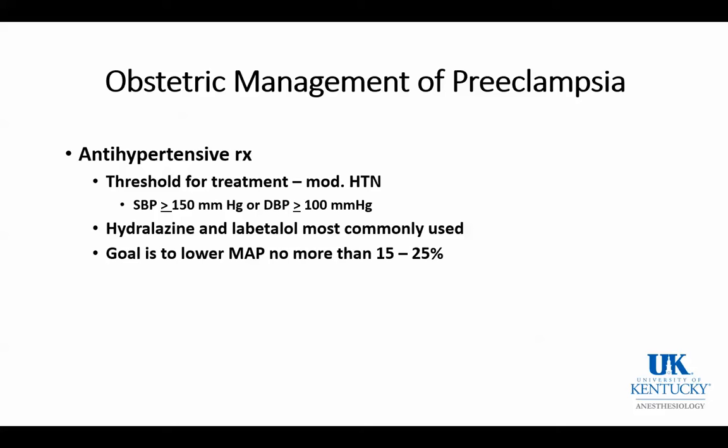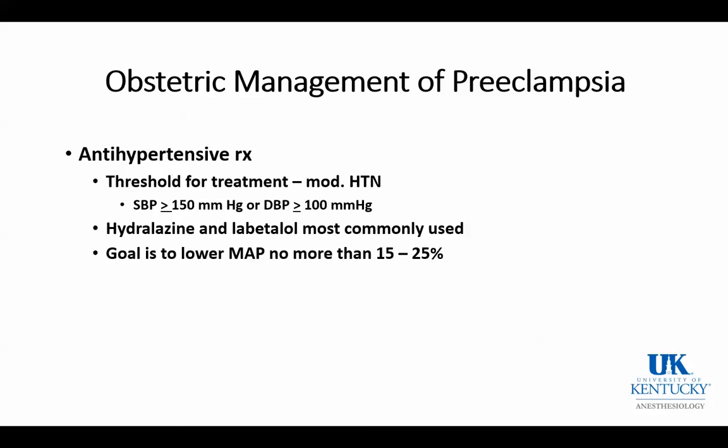However, studies now have shown that there are no more adverse outcomes for the fetus, and the outcomes for the mother are better if we treat hypertension that's moderate or greater. So you will now see obstetricians treating systolic blood pressures of 150 or greater and diastolics of 100 or greater. The most commonly used drugs to treat hypertension in preeclampsia are labetalol and hydralazine.